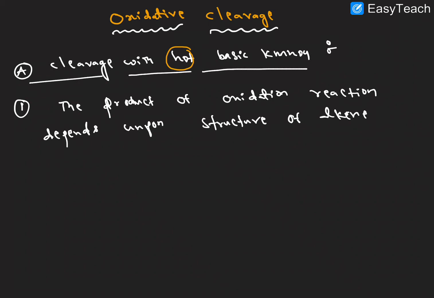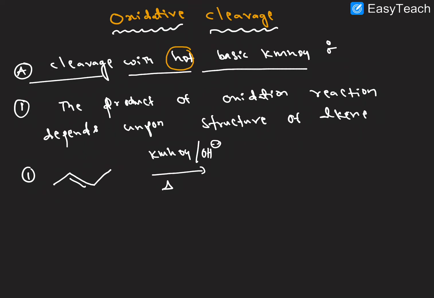Let us discuss an example. Example 1, 2-butene. This is called 2-butene, and reaction with KMnO4 in the presence of OH minus, basic condition and hot condition. Delta means hot condition.